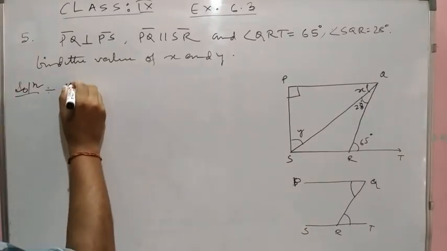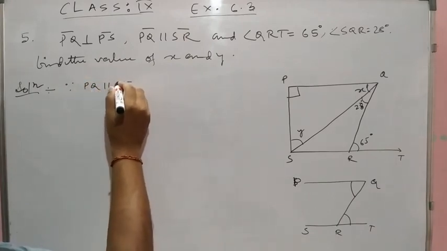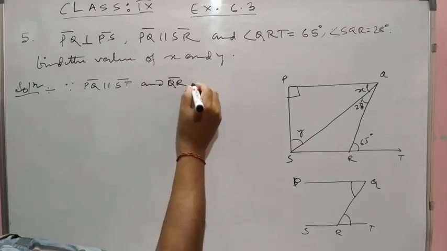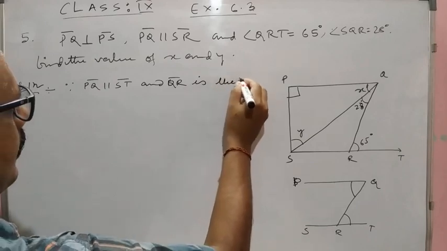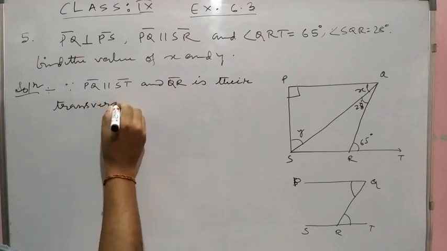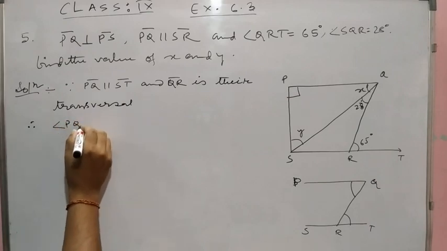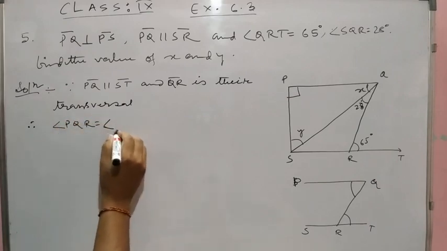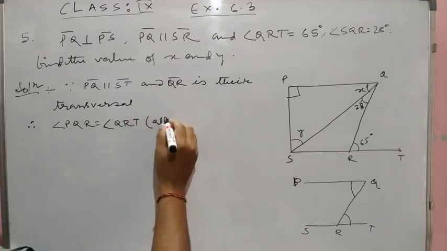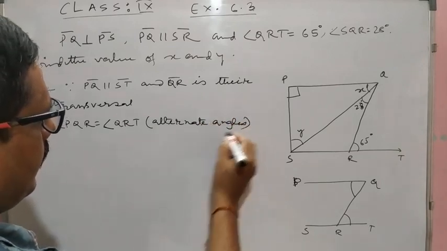Since PQ is parallel to ST and QR is their transversal, therefore angle PQR equals angle QRT, alternate angles.